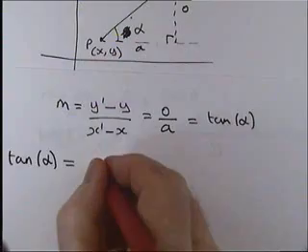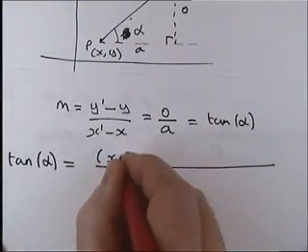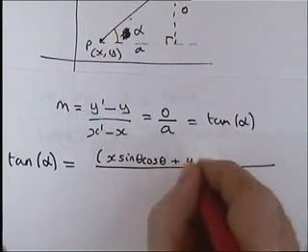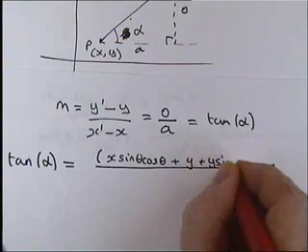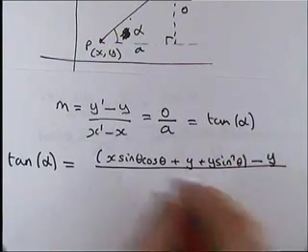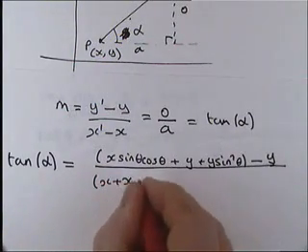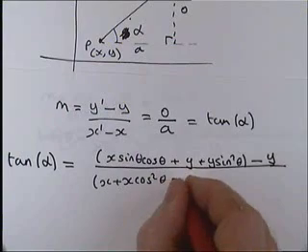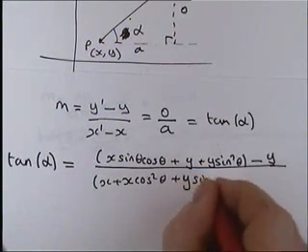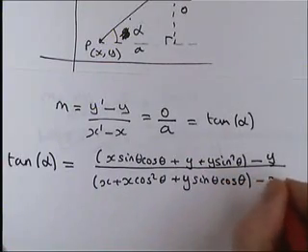So tan alpha equals, well, y prime is x sine theta cos theta plus y sine squared theta, and take y away from that, and x was x plus x cos squared theta plus y sine theta cos theta, and we've got to take away x from that.